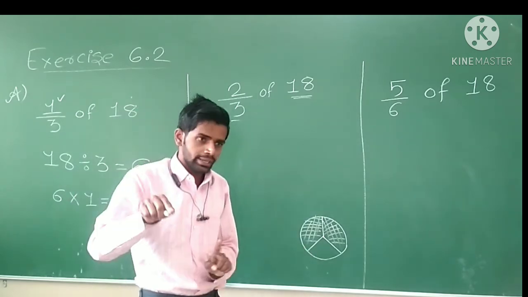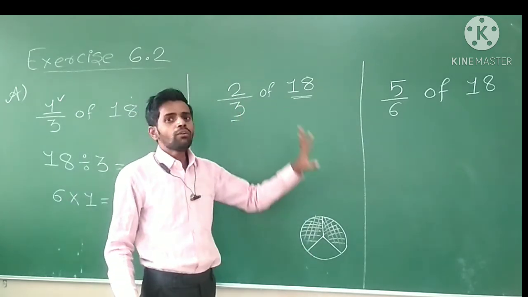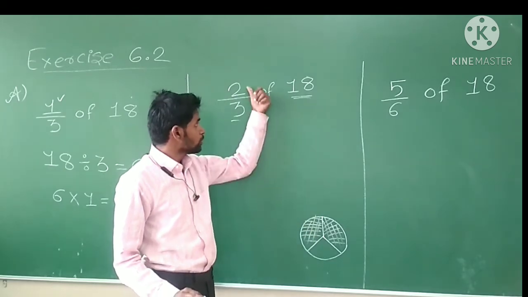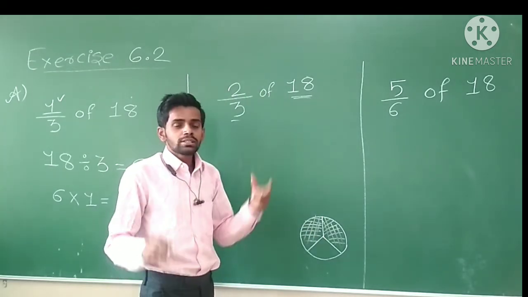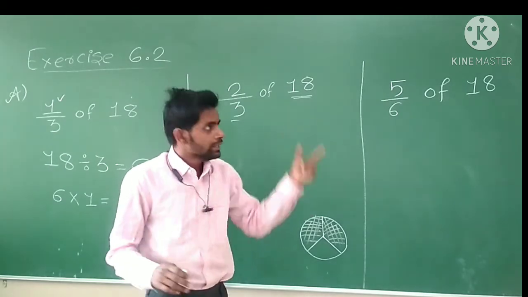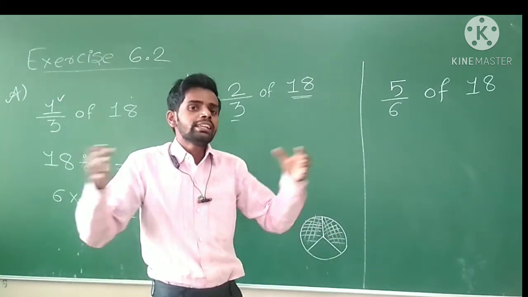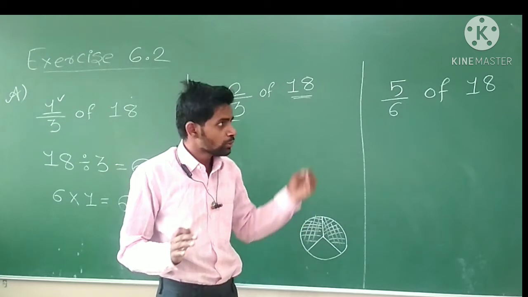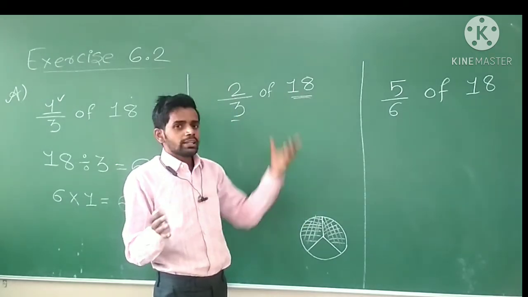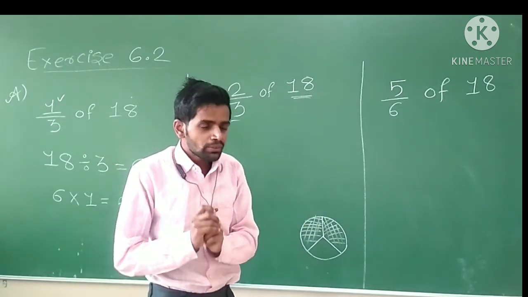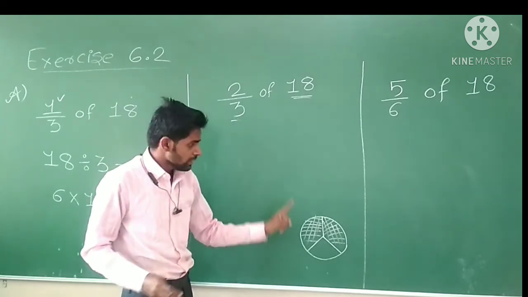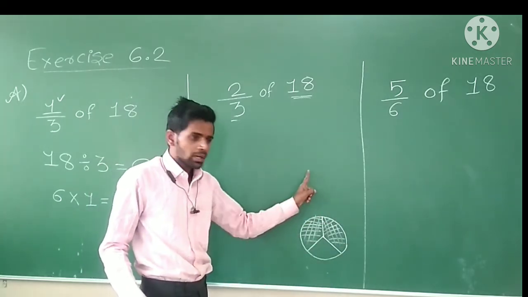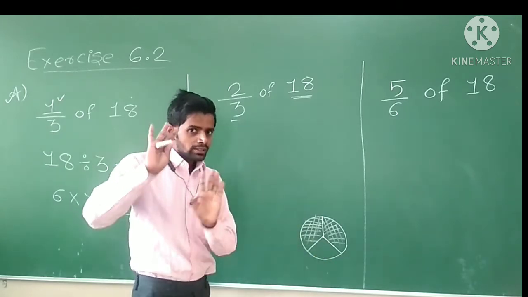Now we will find 2 by 3 of 18. That means this 18 is a number which is one whole. It is a collection of 18 objects. But first of all, we will divide this 18 into 3 equal parts. जैसे कि अभी मैंने ये whole object को क्या किया? 3 equal parts कर दिया.